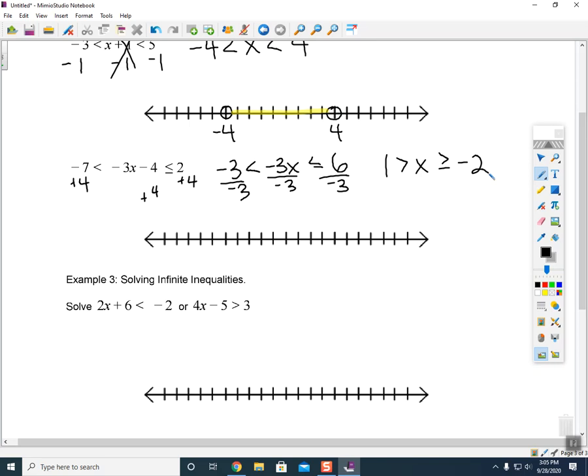Well, this is backwards. So I need to rewrite this. My minimum here is -2, so I know I want that first. x is greater than or equal to -2, which means that -2 is less than or equal to x, which is less than 1.